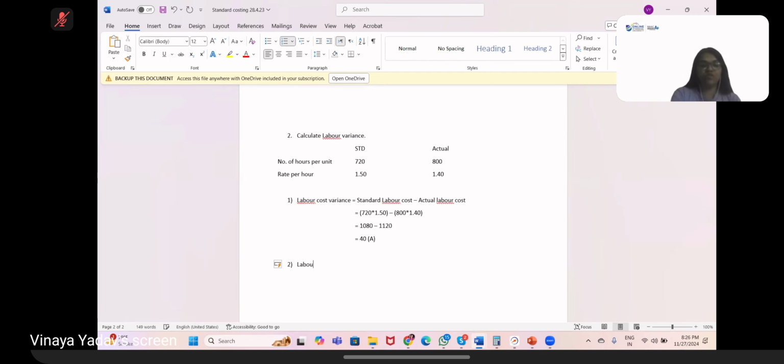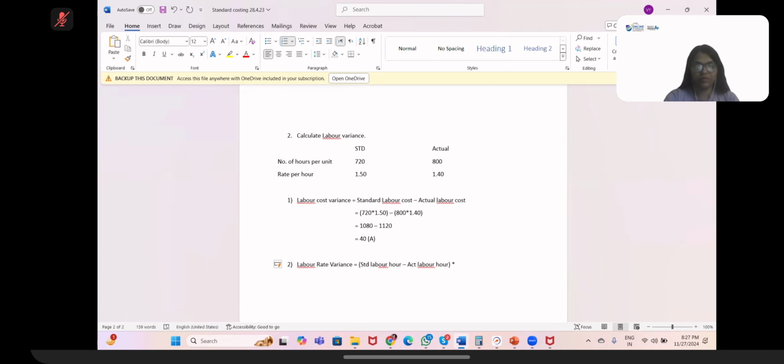Now we have found the labor cost variance. Now in labor there is no price, there is rate. So what we did in the formulas, labor rate variance, the formula is standard labor hour minus actual labor hour in the bracket into... one minute. Okay, we are solving rate. So sorry, one minute, not hour. It will come rate.